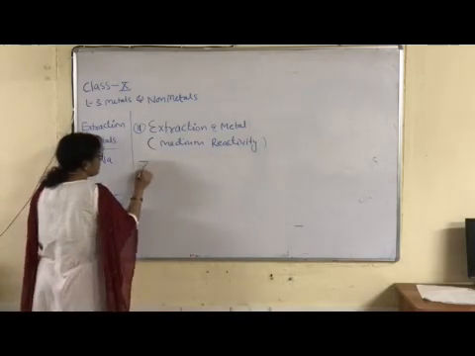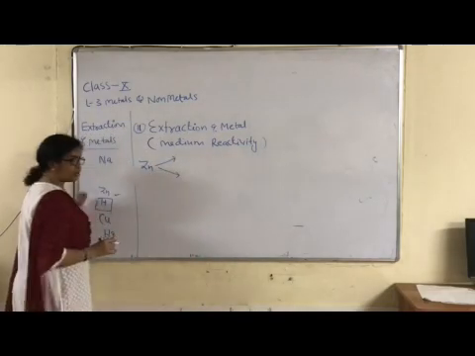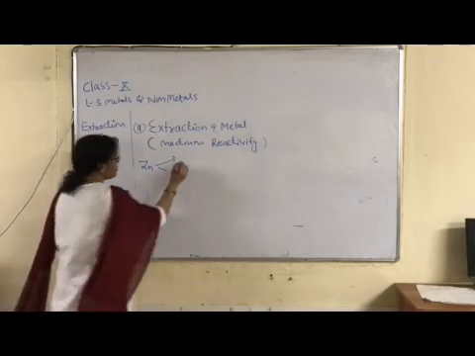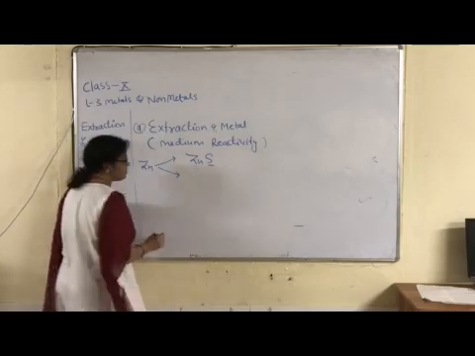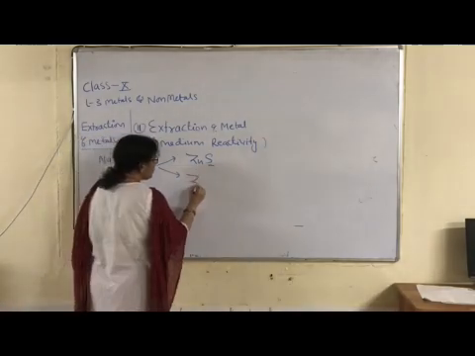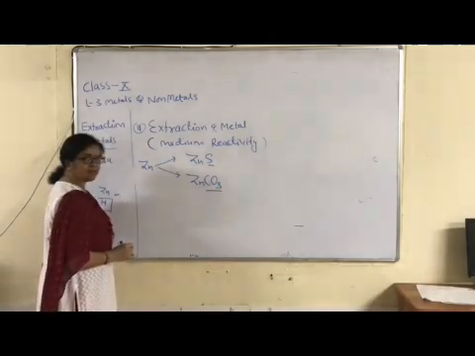For example, zinc. Zinc exists in two different types of ores. First is sulfide ore, ZnS. Sulfur is present here, so this ore is a sulfide ore. Second is carbonate ore, zinc carbonate, where the CO3 group is present.